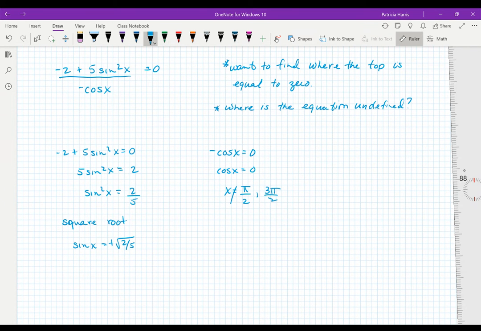You get positive square root 2 over 5, and then negative square root 2 over 5. Okay, now these are not on the unit circle, are they? No, they're not. So what you're going to have to do is use your calculator. You have to use that sine inverse button.